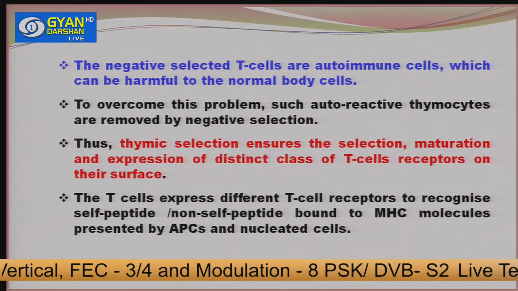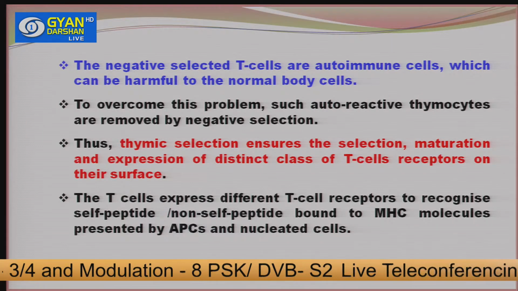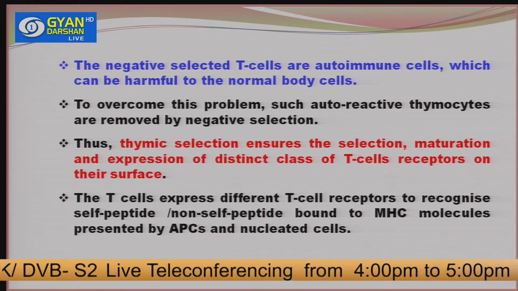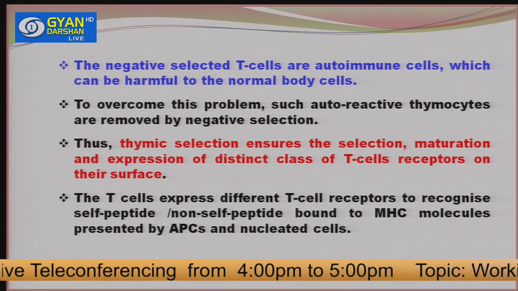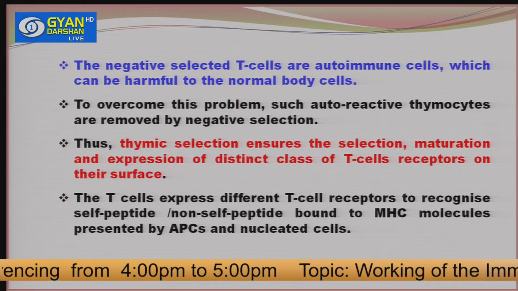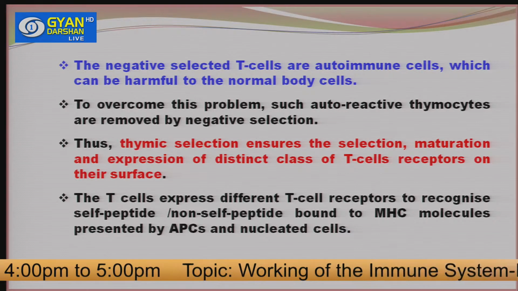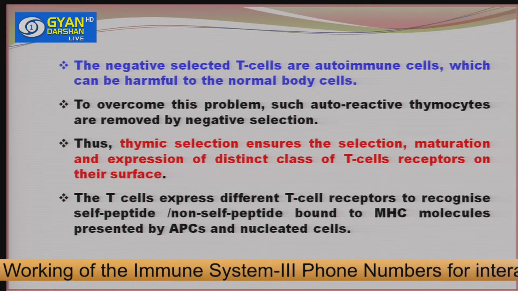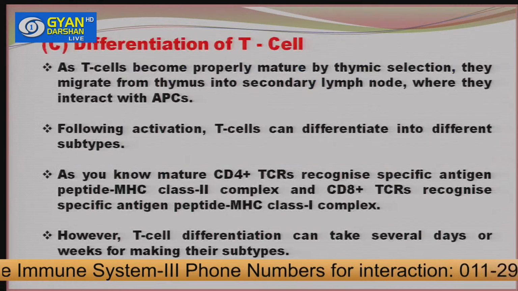So these are basically negative selection of the T cell, which is very, very important, and ultimately we can remove these problems, and through this process they are able to select the CD4 positive cells or CD8 positive cells.